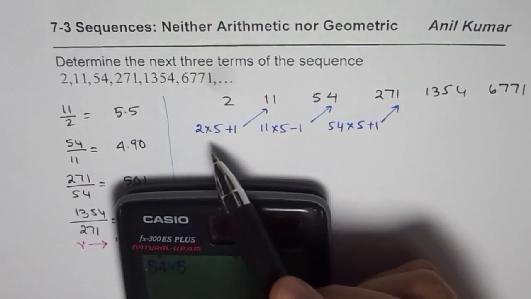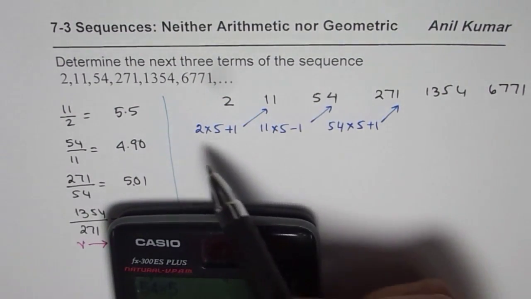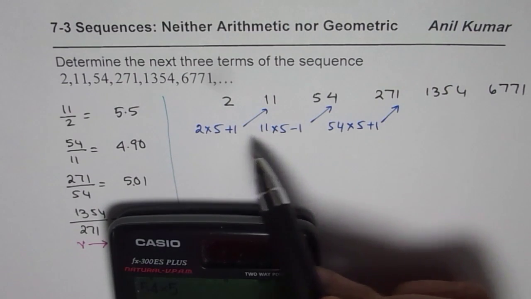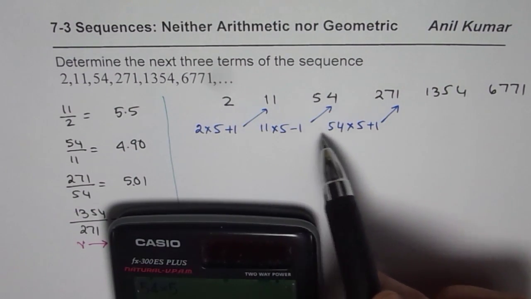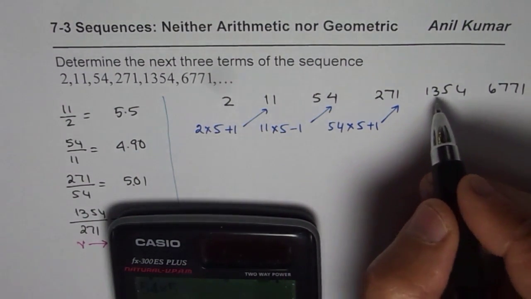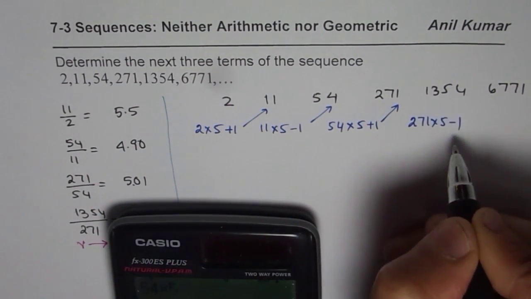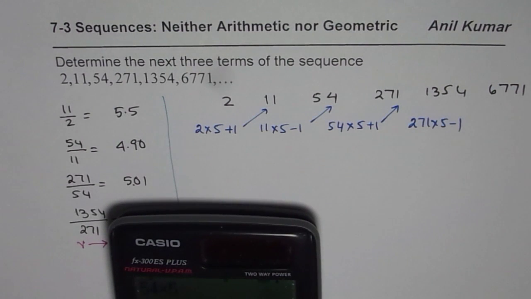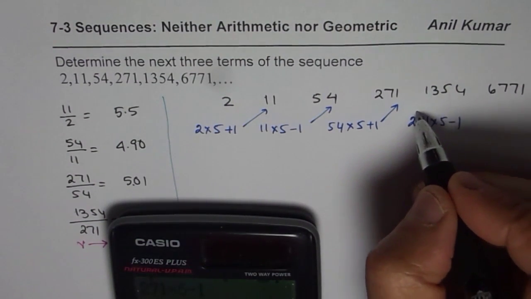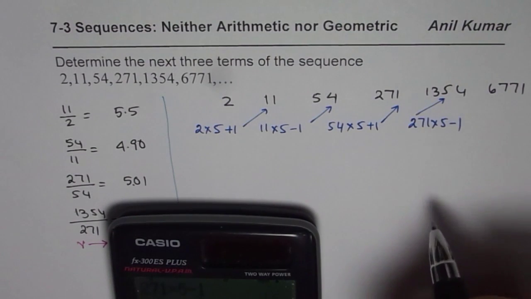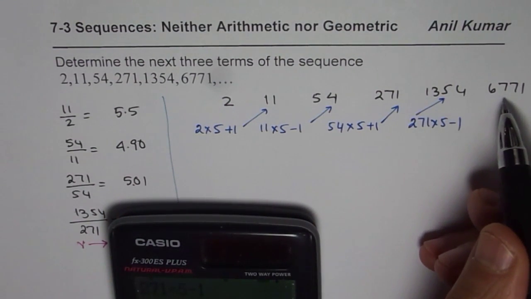Now if you see the pattern, we have to multiply by 5, but alternately we have to add and subtract. So what do we expect? We expect here 271 times 5 minus 1. Let us do this. 271 times 5 minus 1 is equal to what? That is correct. So we did get 1354. So if we follow this pattern, we get our numbers.